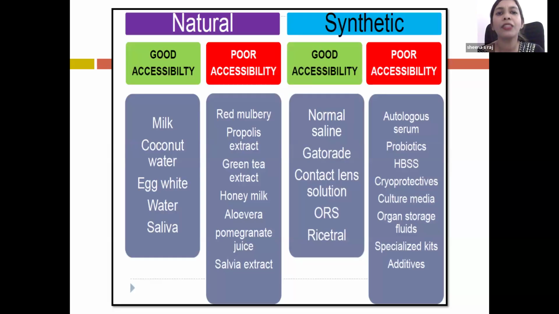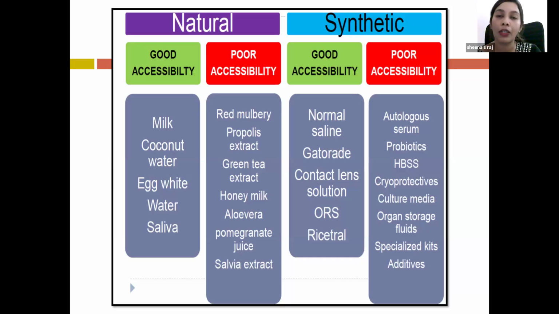Good accessibility means easily obtained, like milk, coconut water, egg white, saliva, water, etc. Poor accessibility includes red mulberry, propolis, green tea extract, honey milk, aloe vera, pomegranate juice. These are poorly accessible things.